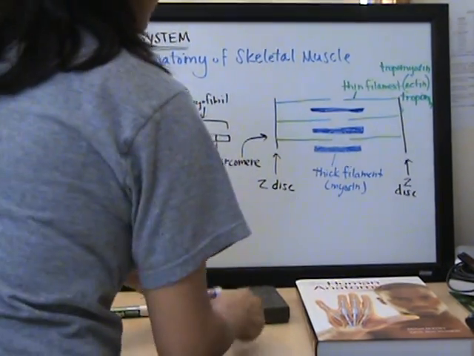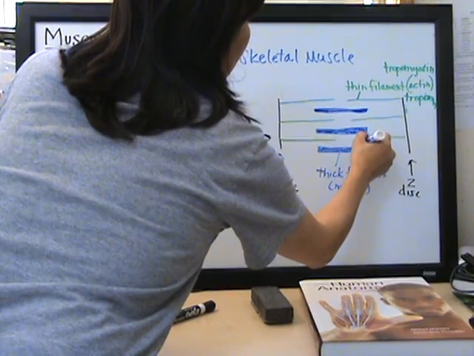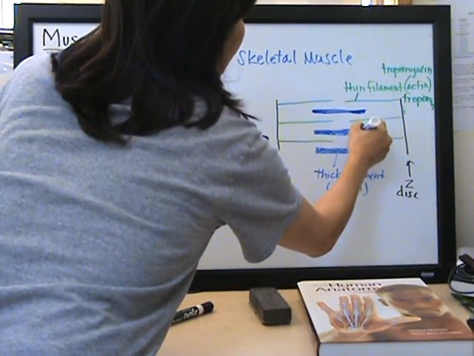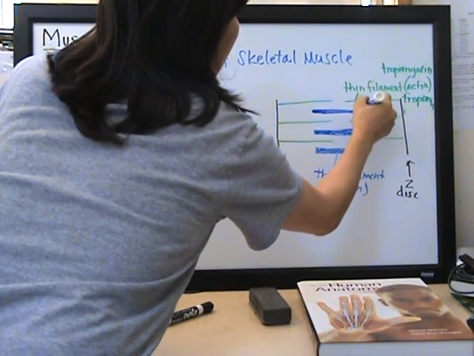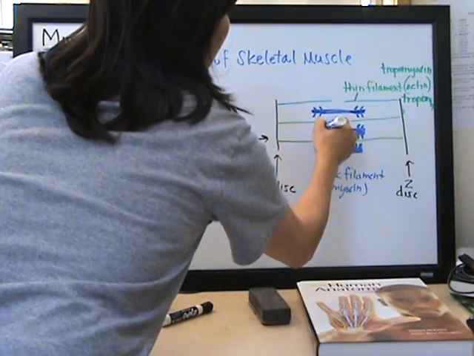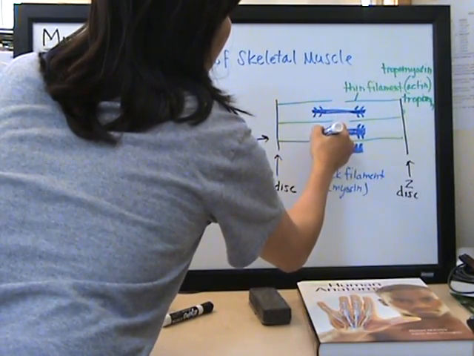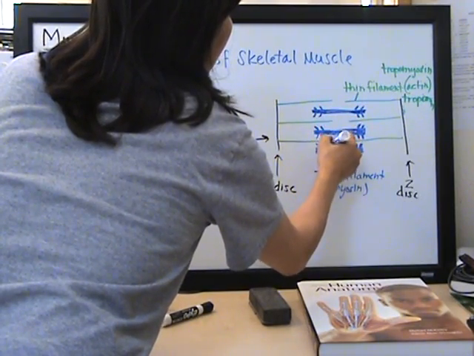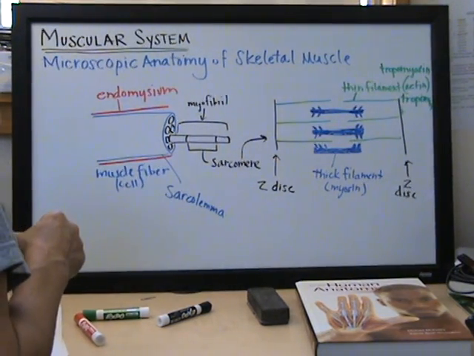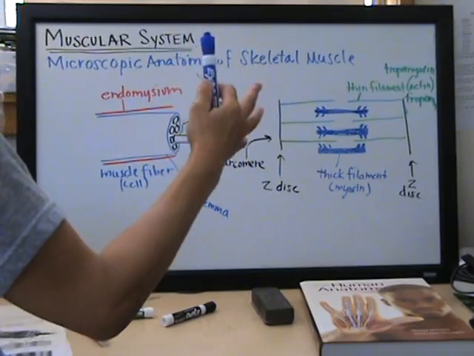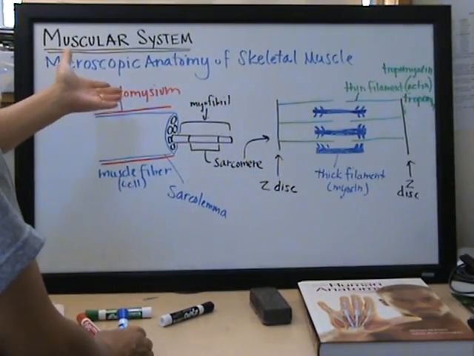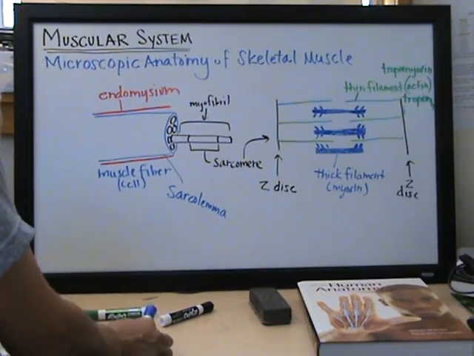Now the myosin molecules have these structures, these heads they call them, that protrude from the thick filament like this. And we'll see the importance of those in our next video. All right, so that's just the overview, the macroscopic or gross anatomy as well as the microscopic anatomy of a skeletal muscle.